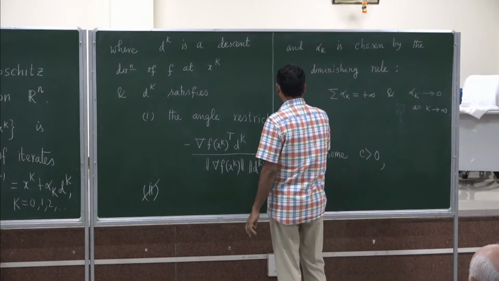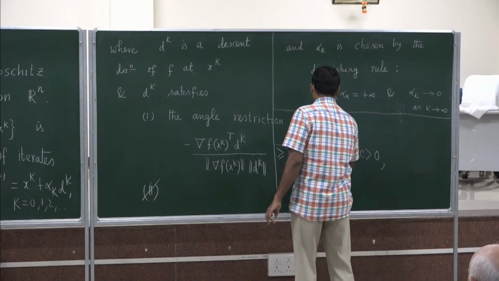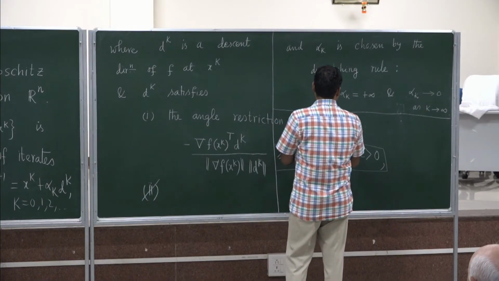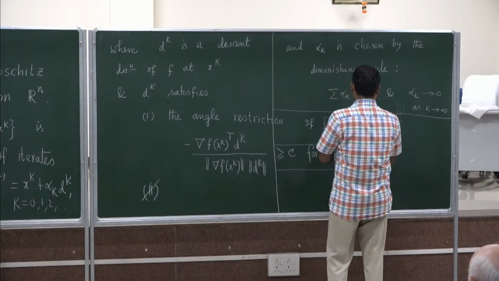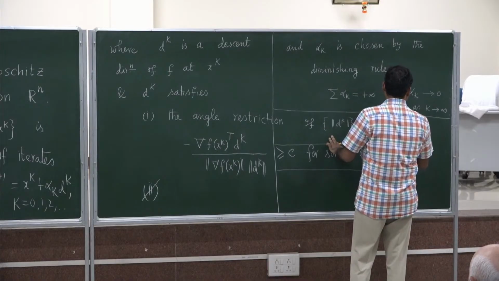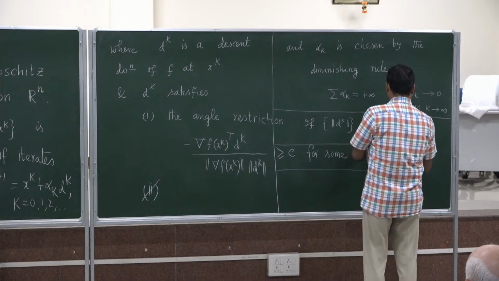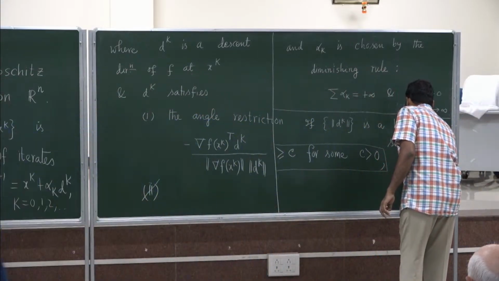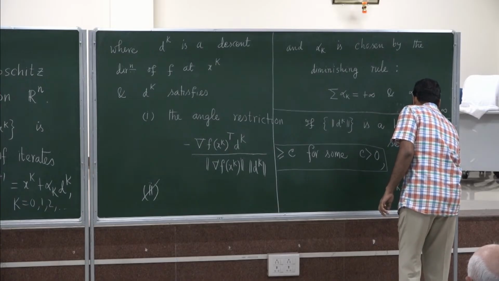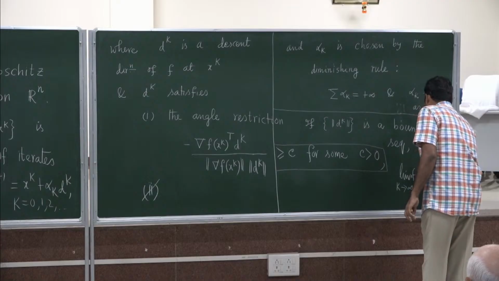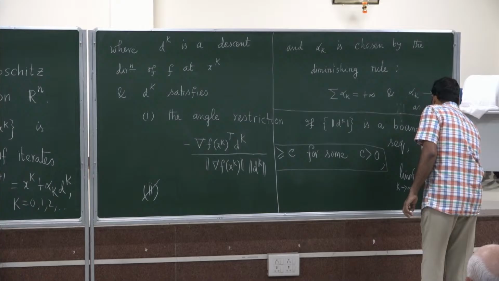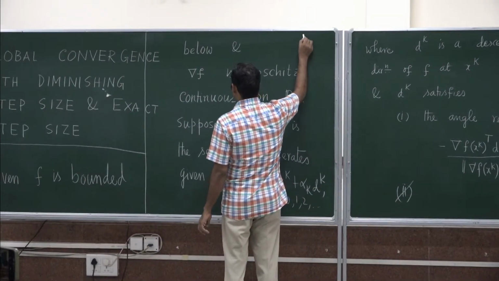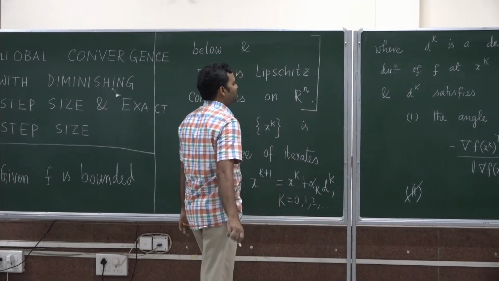Then the limit infimum, as k tends to infinity, of the norm of the gradient of f(xk) must be equal to 0. This is the statement.